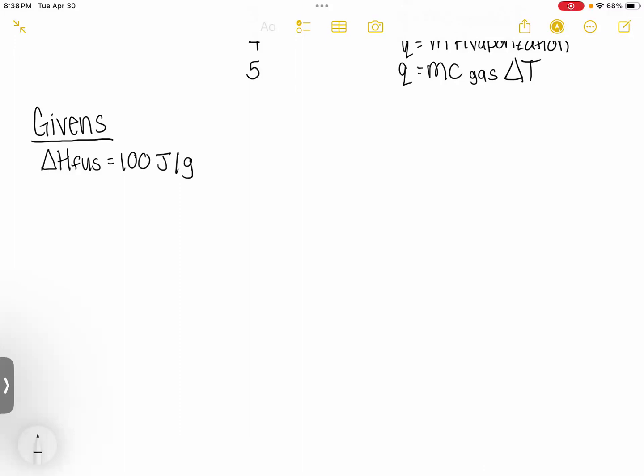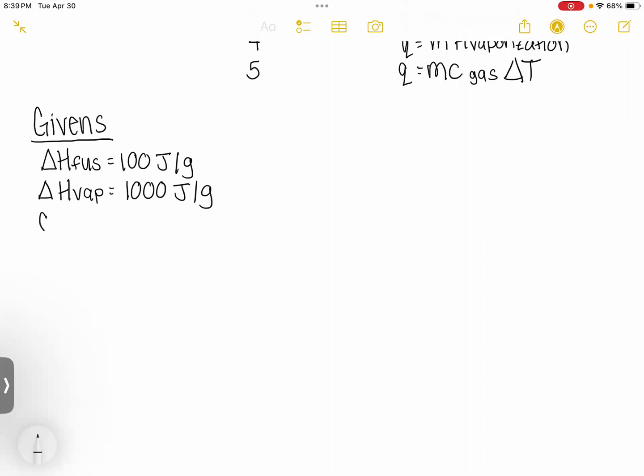This tells us how much energy is required for our substance to melt. We're using it for melting and also for freezing. So how many joules of energy are needed for every gram of our substance? Heat of vaporization: how much energy does it take per gram to evaporate a substance? 1,000 joules per gram.